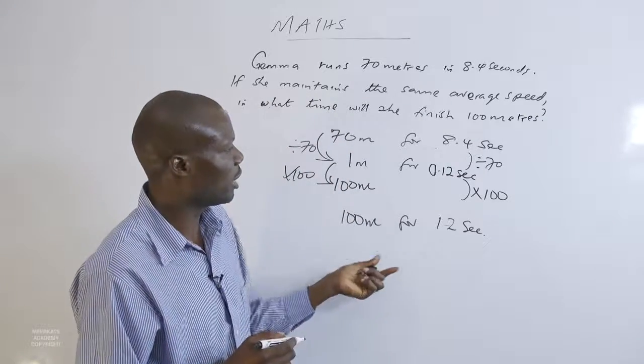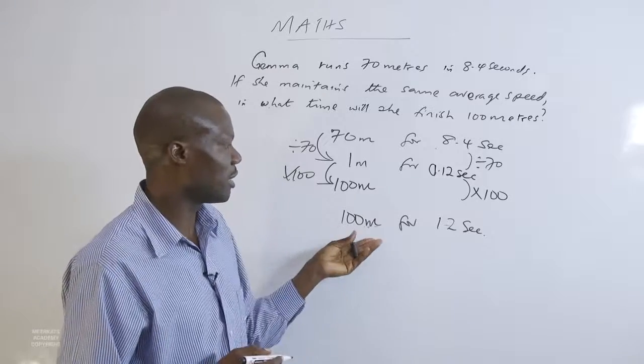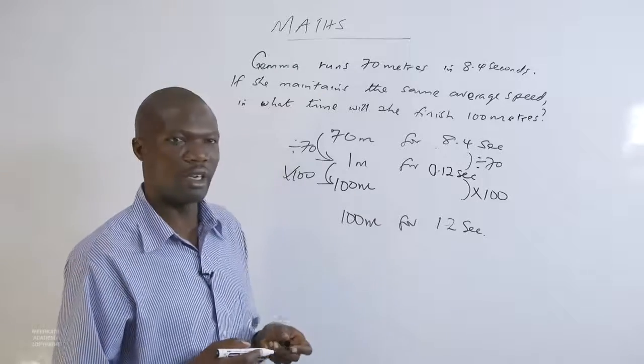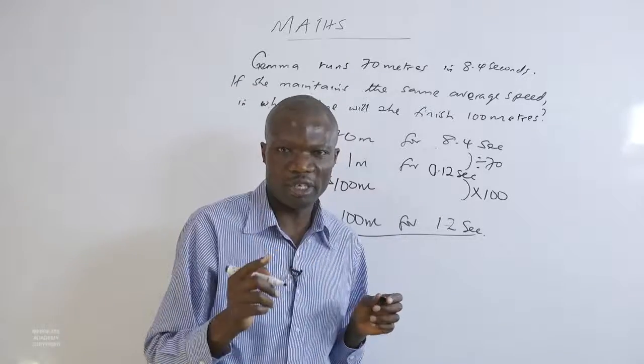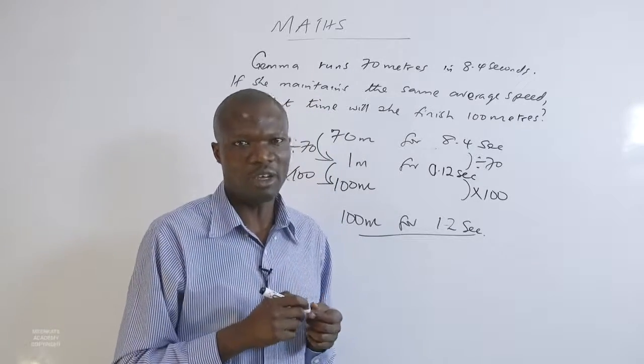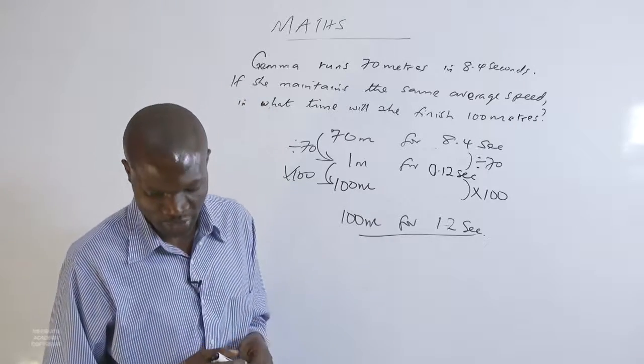So she will take 12 seconds to cover a distance of 100 meters. That is strictly if she maintains the same average speed. But if she doesn't, the time might increase.